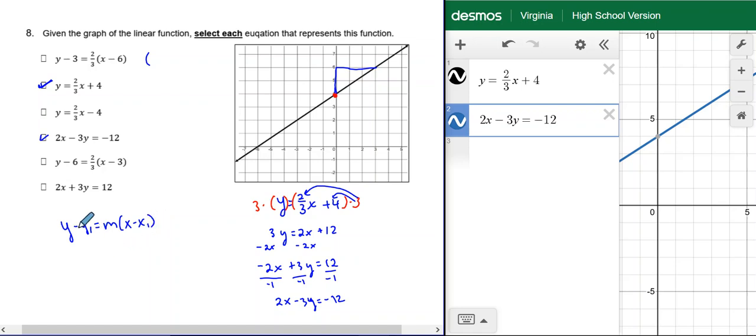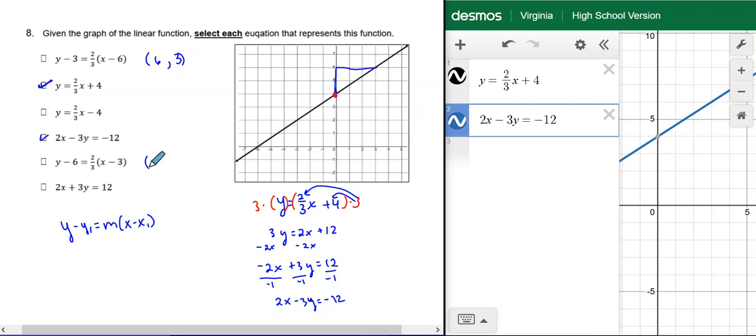Okay, so the negative just means take the opposite of it. So if I take the opposite of -3, for the y coordinate, that would be +3 and then +6. Let me just check if this is a point on the line. So +6, it's not even on here. Okay, so it's not going to be on the line.